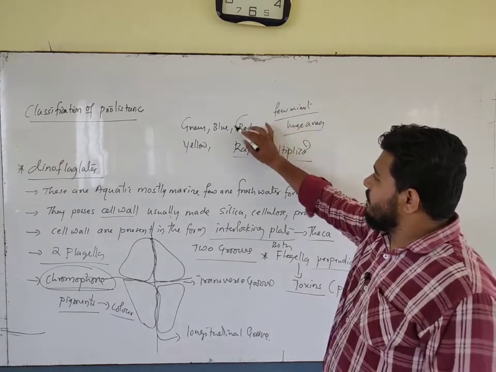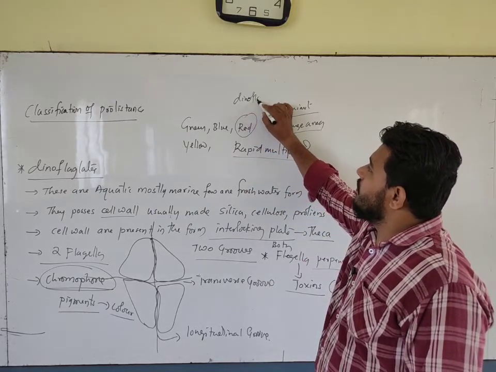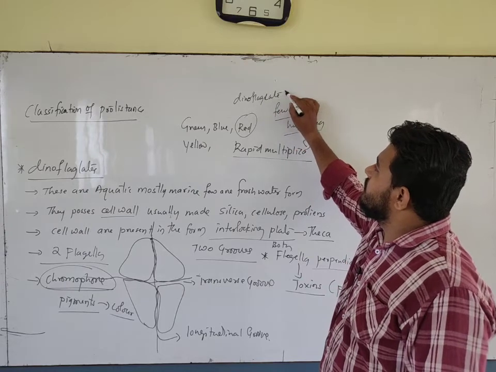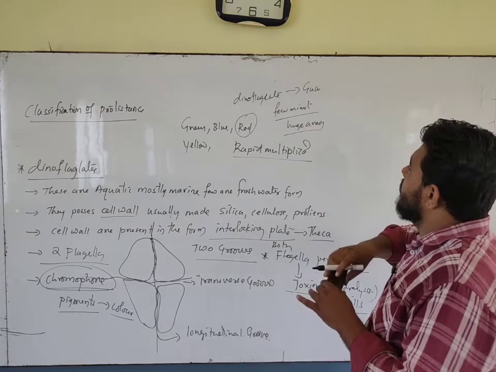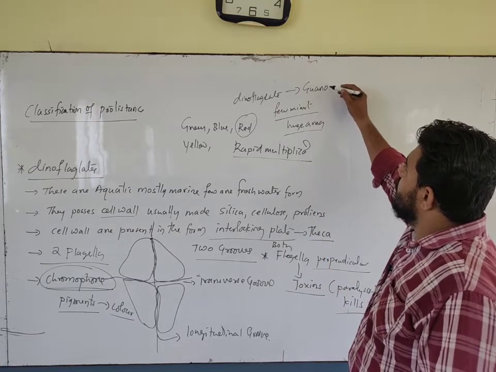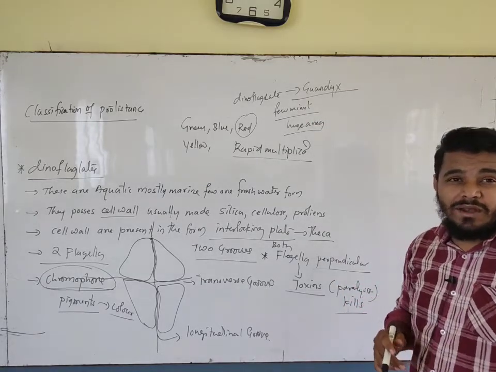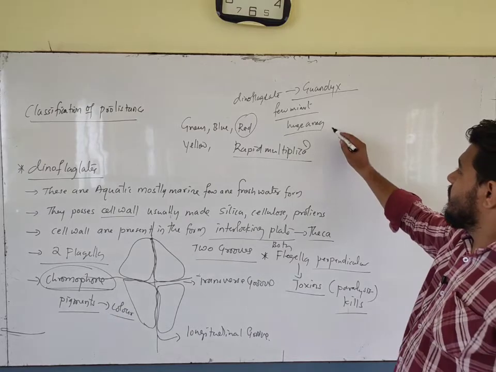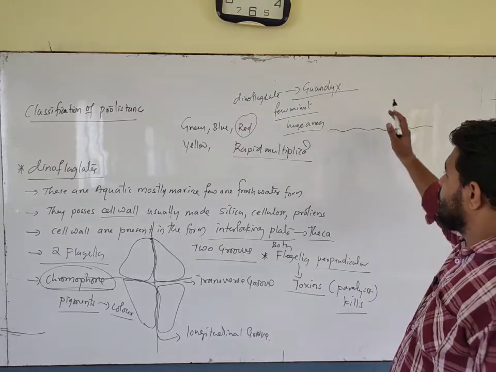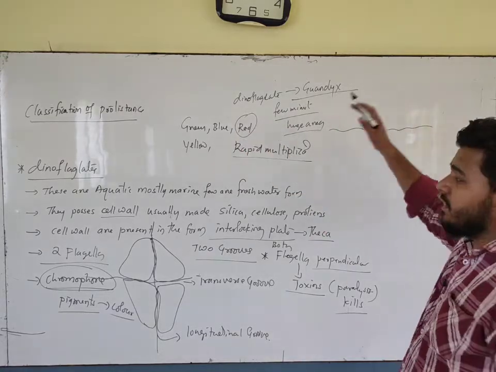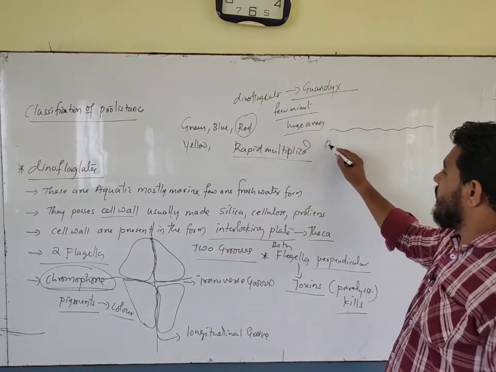You can take the example of red dinoflagellates, Gonyaulax, the example given in the NCERT book. It multiplies so rapidly that within minutes it can cover the ocean shores, and the tides at the ocean shore appear as red.